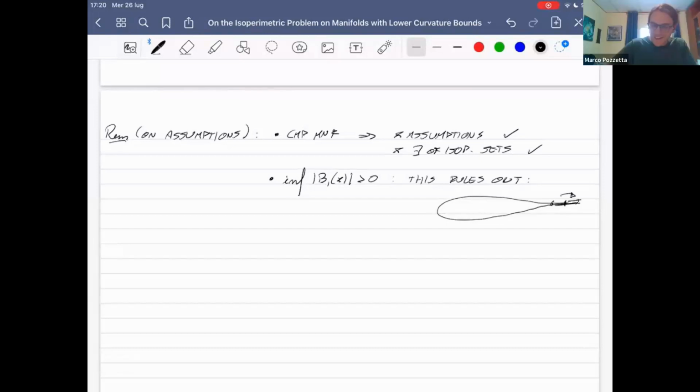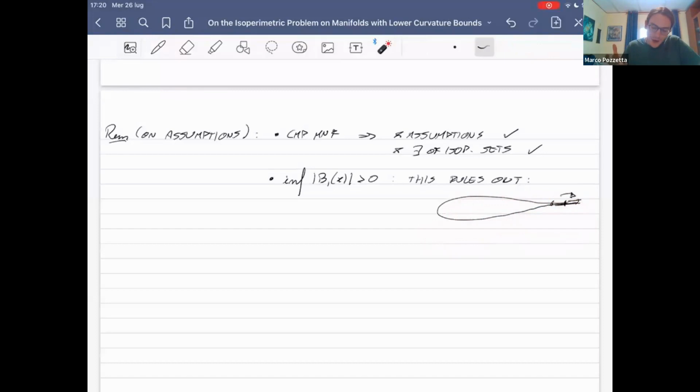Okay, so I don't know at which point it interrupted, but that condition rules out exactly this picture, right? So the fact that a manifold has a cuspidal end, because otherwise, if you take a ball of radius 1 with center away along this cuspidal end, the volume inside that ball is going to 0, right? So this rules out this fact.